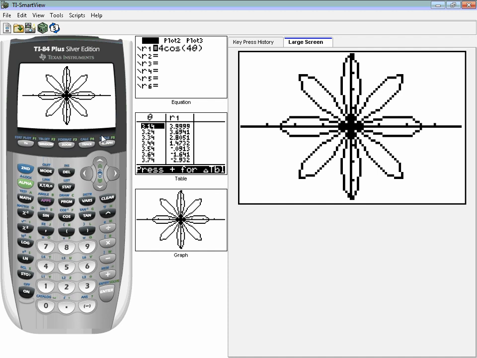I feel like I want to buy a calculator like this. What do I do?